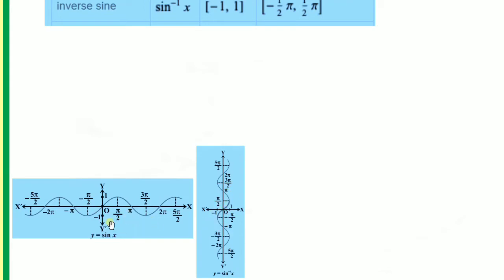This is the general trigonometric function, y is equal to sine x. Now we have here y is equal to sine inverse x, the inverse function of this. Look, it is horizontally lying and this is vertical. So now the x-axis becomes the y-axis, and the y-axis becomes the x-axis. Now everything will change.